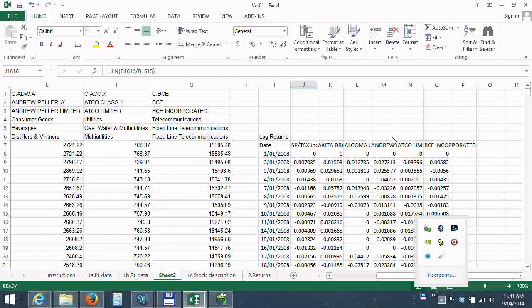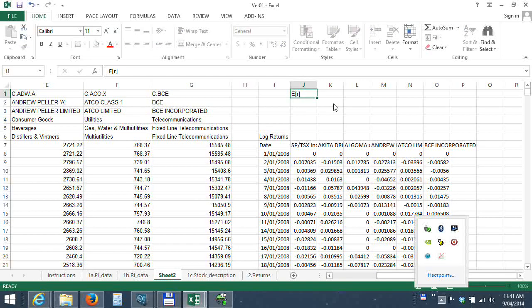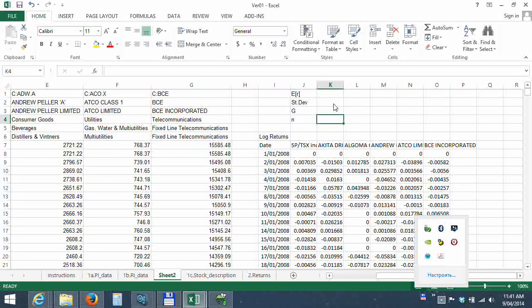Now, what I'm going to do is estimate the expected returns, standard deviation, geometric return, and the number of observations. These are the components that you will have in your summary tables in the portfolio report 1, second part.